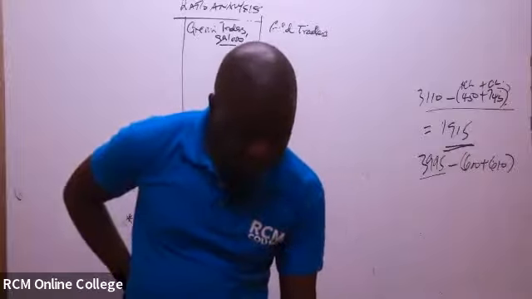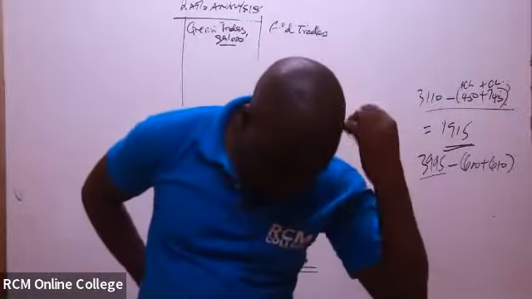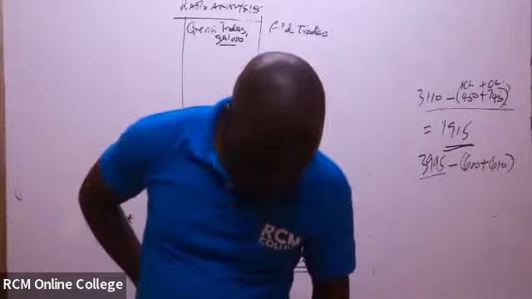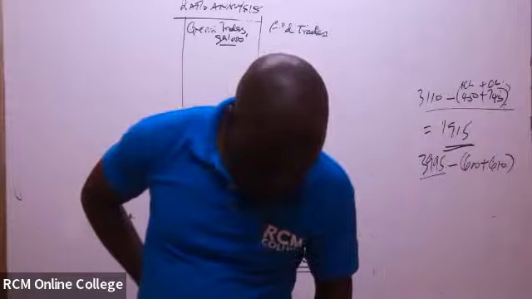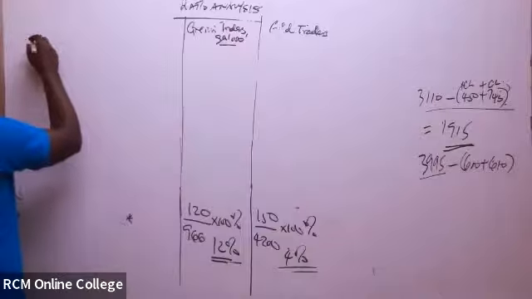So the current ratio is equal to the current assets over the current liabilities.